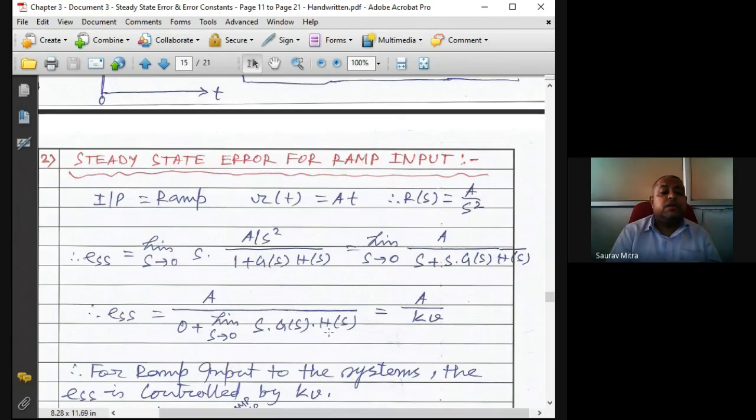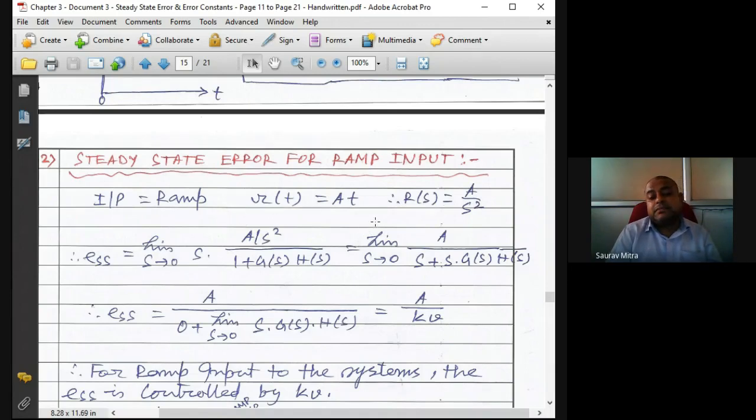So this is the formula given here: ess is limit s tends to 0, s into A by s squared. A by s squared comes from this: if it is not a unit ramp, if it is A into t, say 2t, then what will be the Laplace transform? It will be 2 by s squared. If it is 5t, that means the slope is equal to 5 for that ramp, it will be 5 divided by s squared.